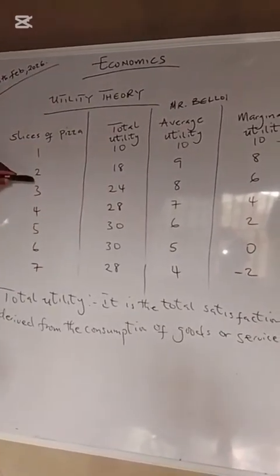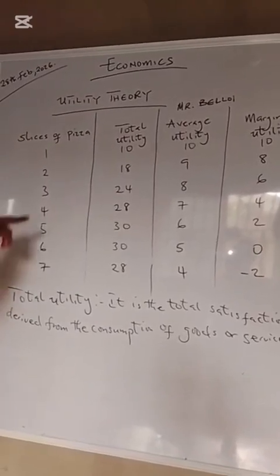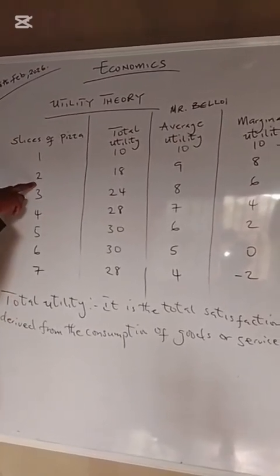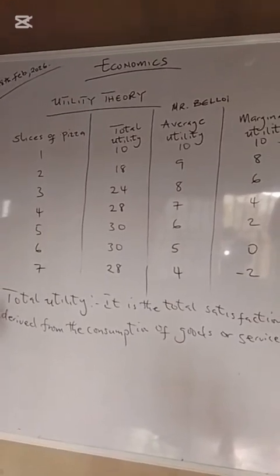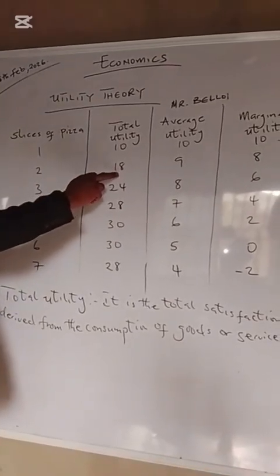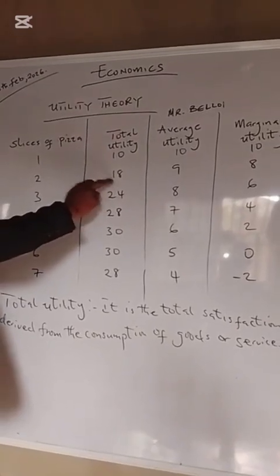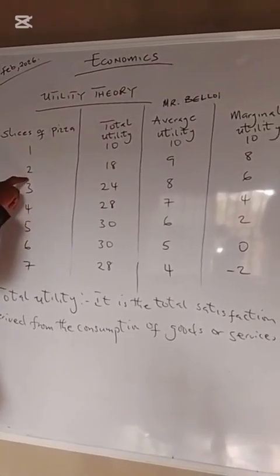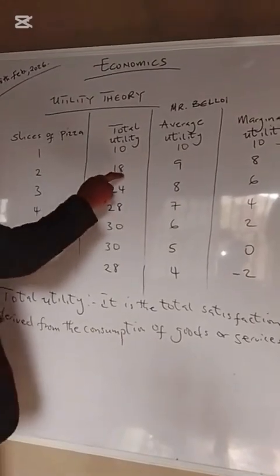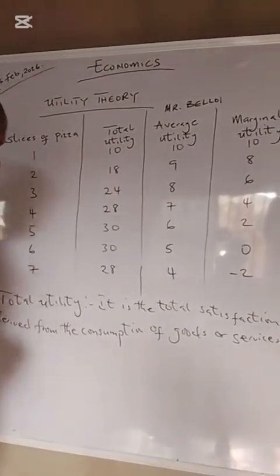Let's assume that he took 2 slices of pizza. He got 18. The total utility he derived from consuming 2 slices of pizza is 18 units.